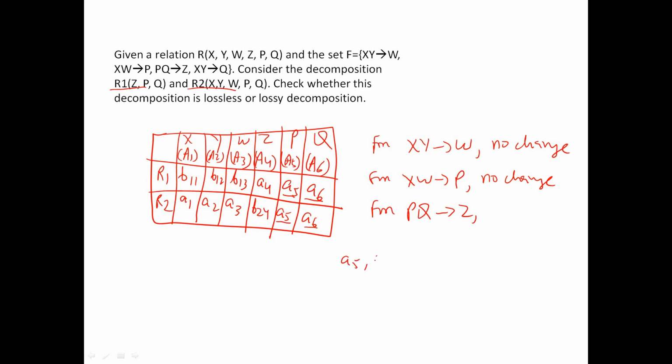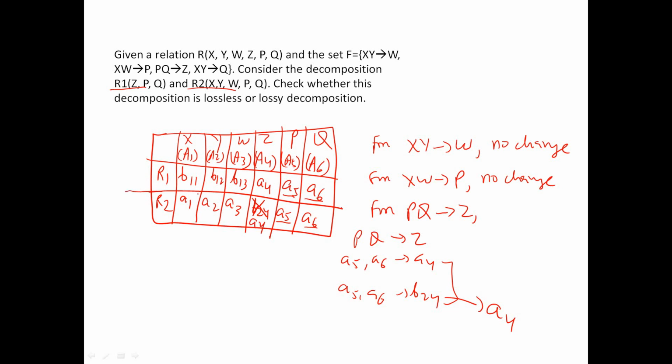One is saying A5, A6 to A4, that is the Z, another is saying A5, A6 to B24, because it is PQ to Z. Since this functional dependency exists, and the same PQ is available in two occurrences, the occurrences of Z have to be the same. One occurrence of Z is A4, another is B24. So this B24 will be converted to A4, so that A5, A6 can generate A4.